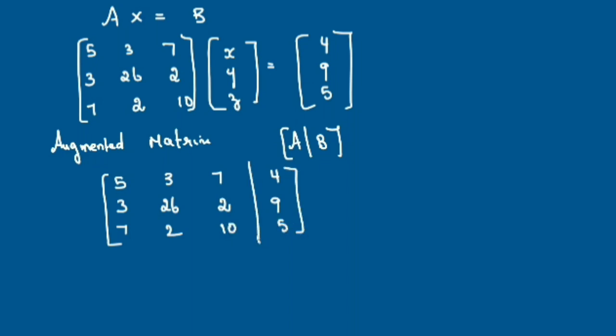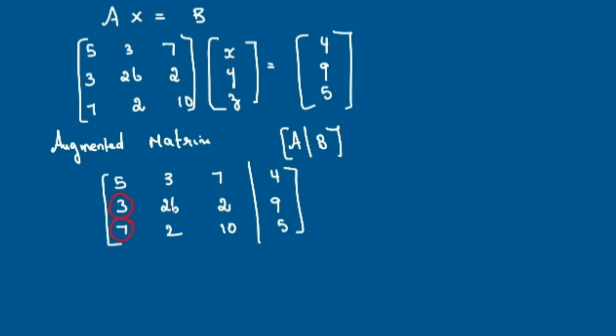Now you have to bring this into the echelon form, so we perform elementary row transformations. The first element is 5. Below this element, you have to make the entries 0.